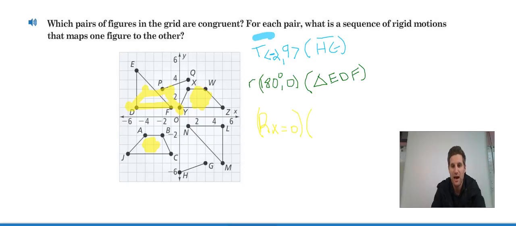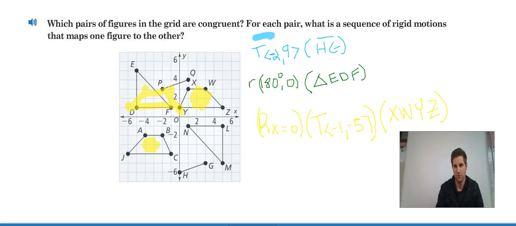And separately after that, we're going to do a transformation T. And we need to go 1 to the left, negative 1. And then we need to come down 1, 2, 3, 4, 5 units down. And we're going to do that to this shape. We're just going to call it XWYZ. And I kind of regret doing it in that yellow color, but what are you going to do at this point? So that is that.